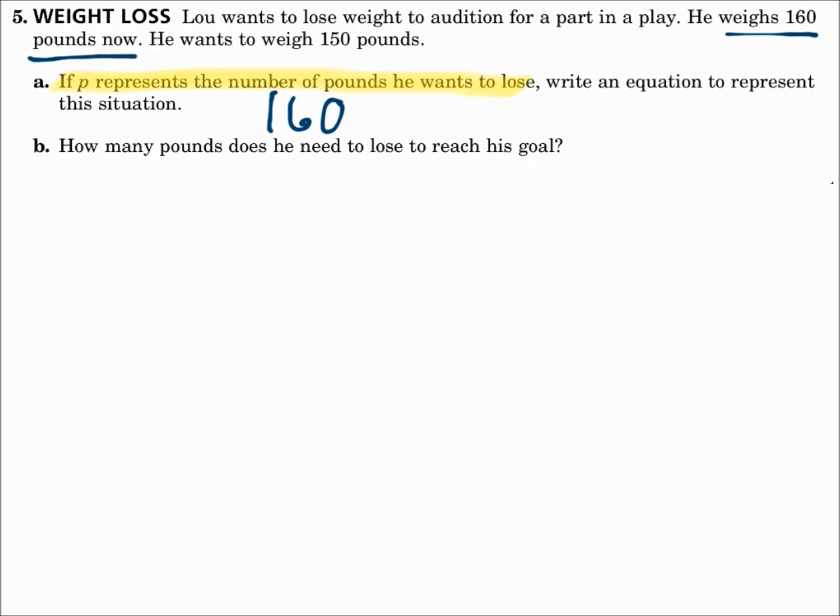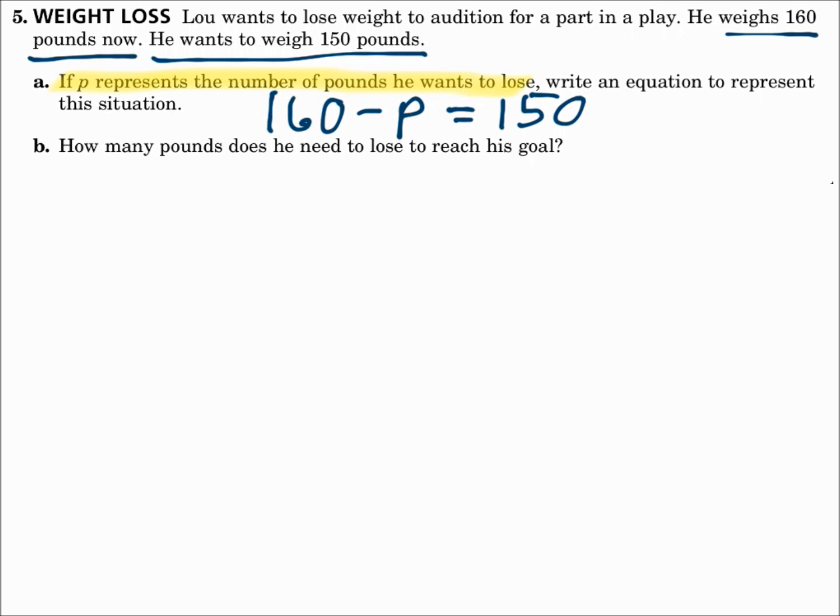He needs to lose P pounds. Losing is subtracting, so we'll subtract P. He wants to weigh 150 pounds, so after that takes place, he will now weigh 150 pounds. So there's the equation. 160 minus P equals 150.